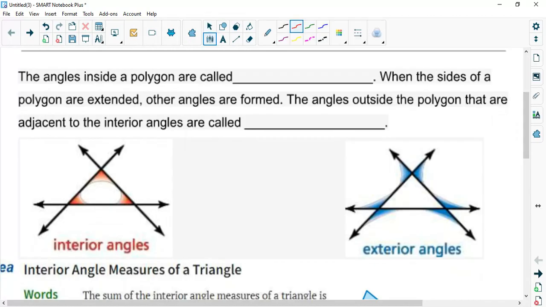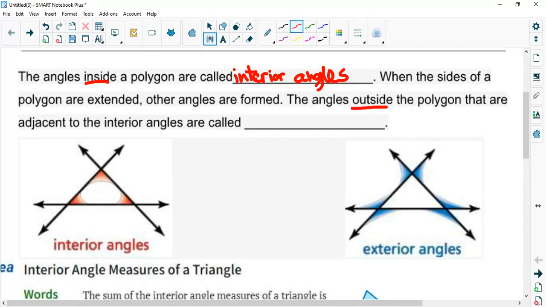The angles inside a polygon, such as a triangle, are called interior angles, just like we had with our parallel lines. When the sides of a polygon are extended, other angles are formed.